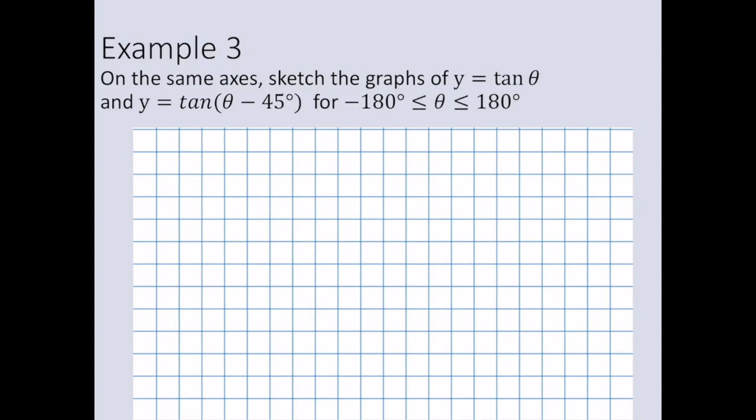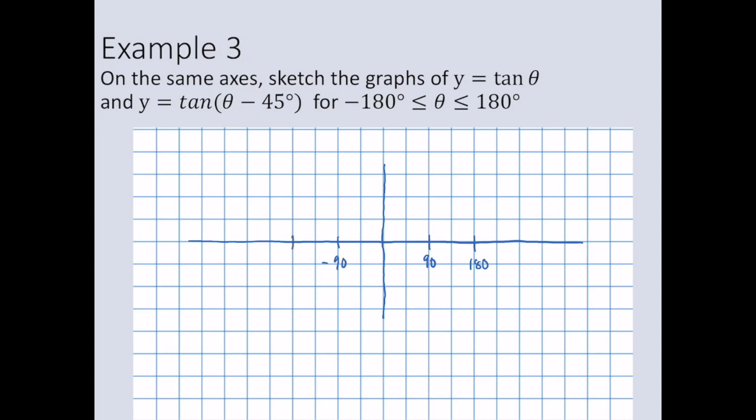On the same axis, sketch the graph of y equals tan theta and y equals tan theta minus 45 degrees from theta between minus 180 and 180. There we go, so this is going to be 180, that would be our 90. There's our minus 90.